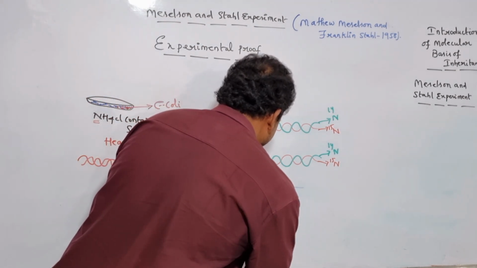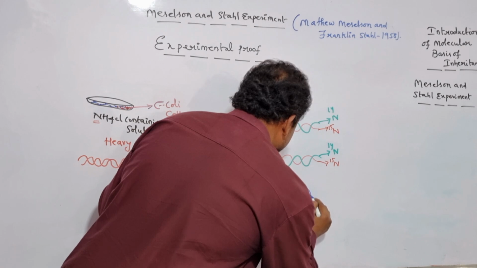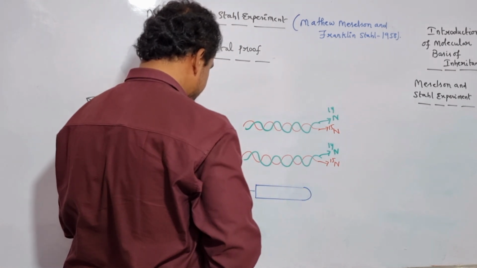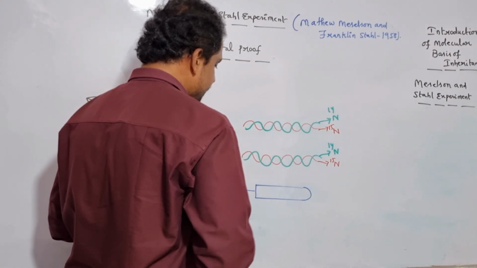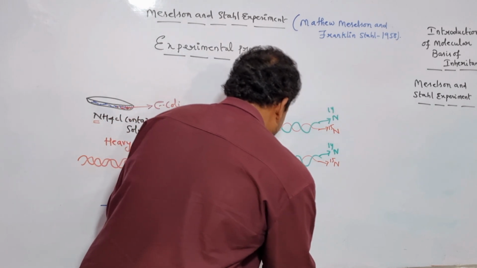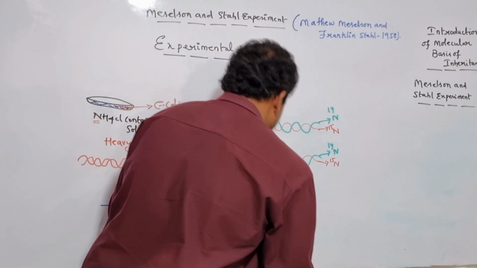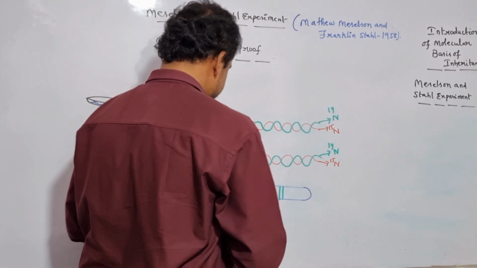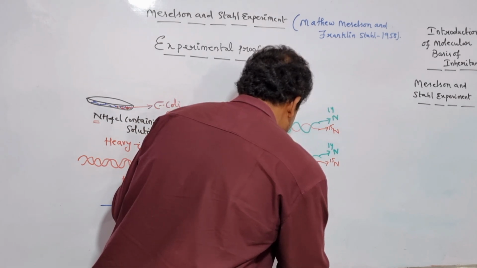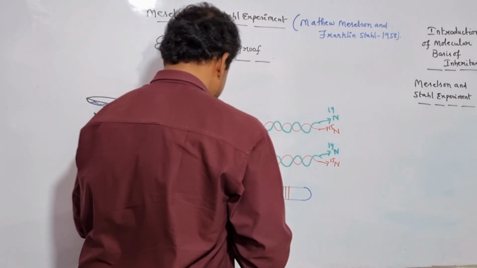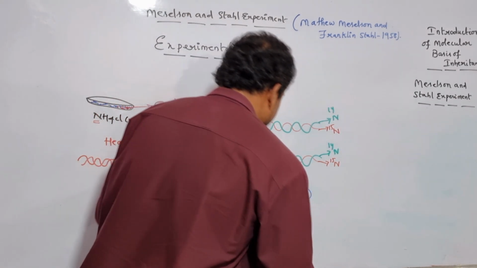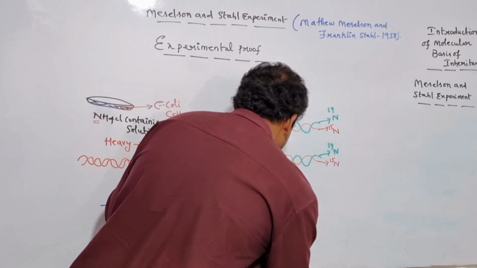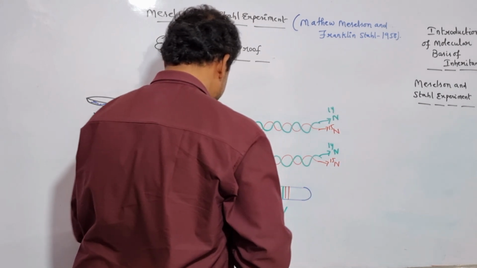Let us assume it as the centrifuge tube, and within the centrifuge tube, the hybrid DNA was observed at the intermediate position. Intermediate position, right? N14 DNA, and whereas it is N15 DNA.